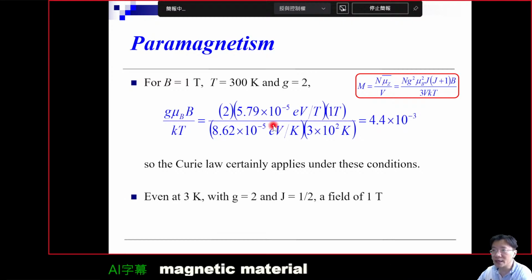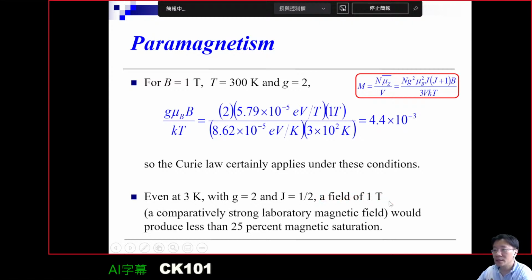But in another case, when we go to low temperature, which is about 3 K, and if we have the same g value and J equal to 1/2, and the magnetic field is also equal to 1 Tesla, then we will get the average magnetic moment along the Z-axis almost saturated, which is 75%, 75% of the saturated value.